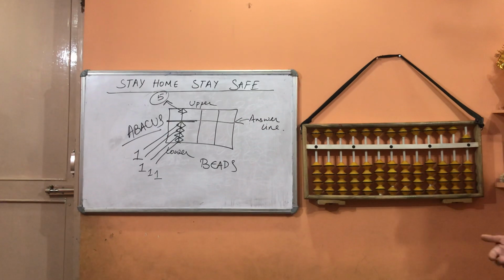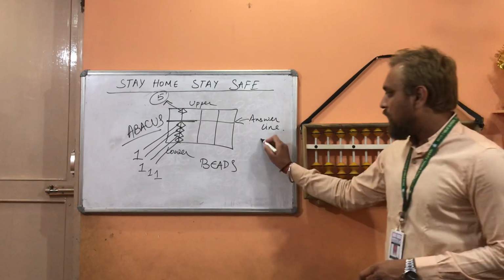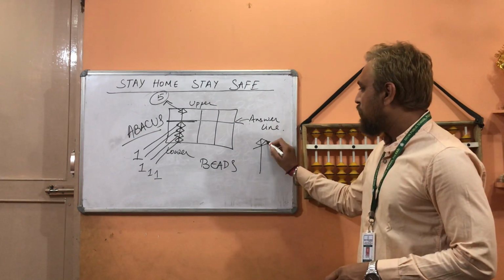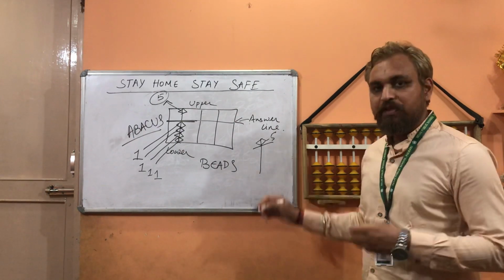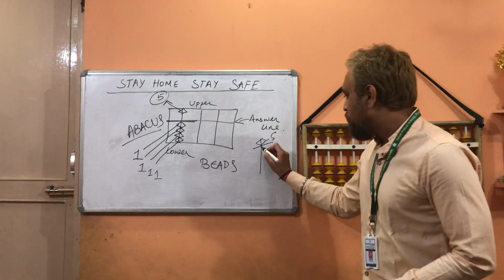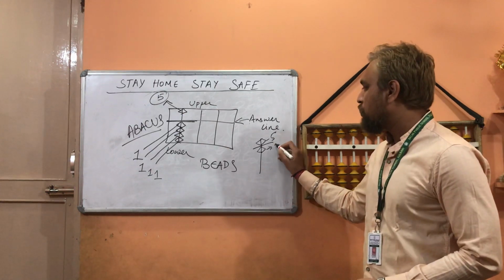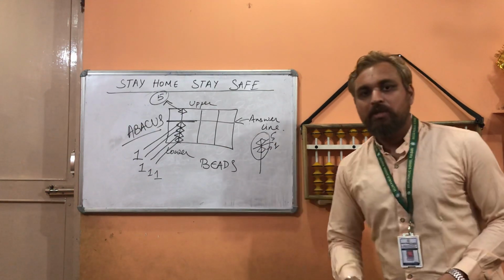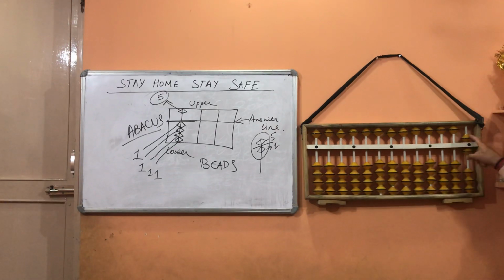If we move on further, 5, then 6, because the upper bead has a value of 5, and if we have to add one more, we bring one more from down. So the total becomes 6. 5, 6, 7, 8, 9. So in total, we have 9 in the last line.